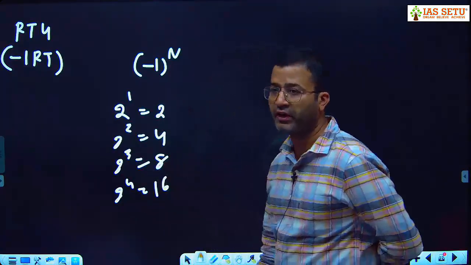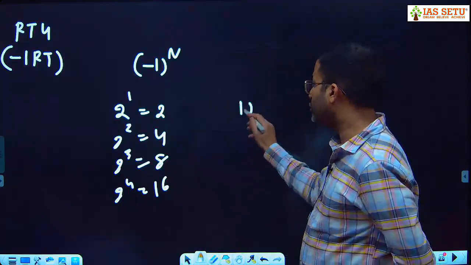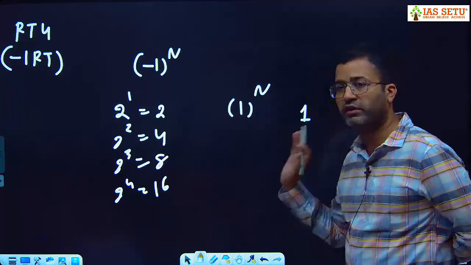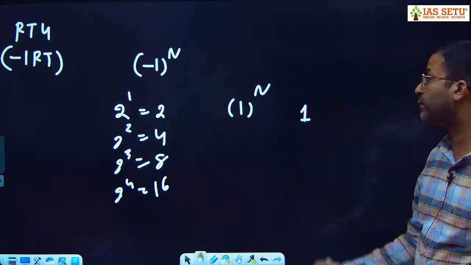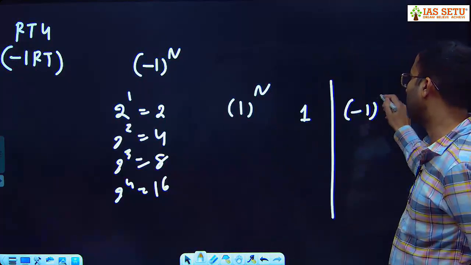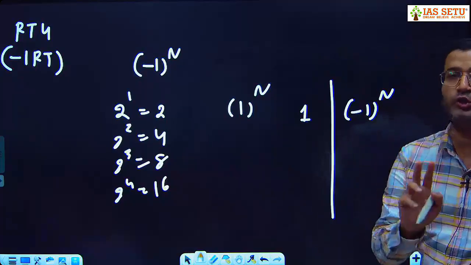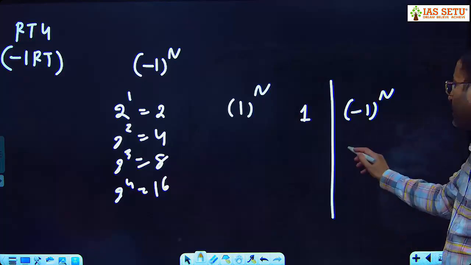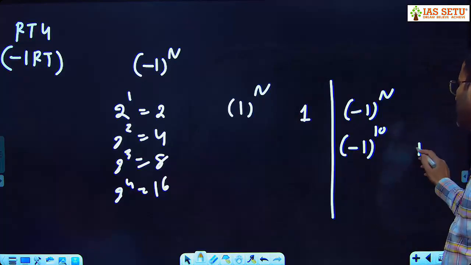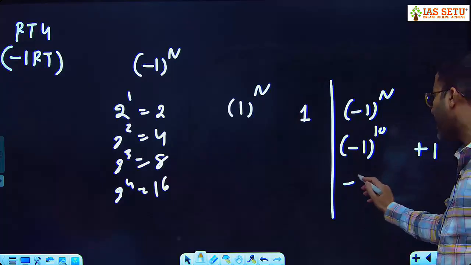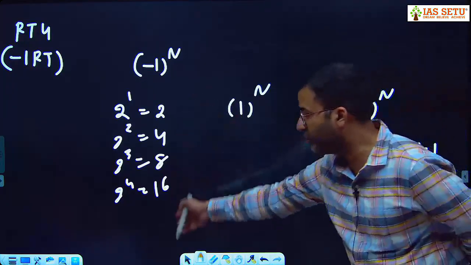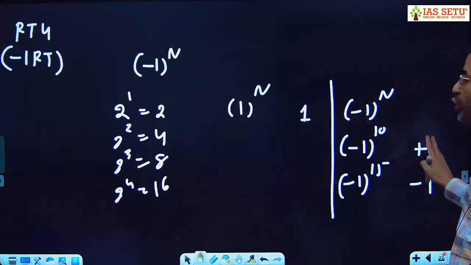Every time we have a different answer. See, 1 to the power n is our first preference, because here we have only one value, 1. Our second preference is -1 to the power n. Why? We have only two values, depending on n. If n is even, like -1 to the power 10, the answer is +1. If n is odd, -1. Here the value changes every time, there it is the same, and here there are only two values.